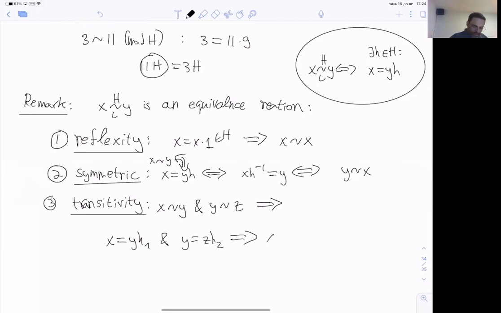So x is equal to zh2h1. So x is in relation with z.